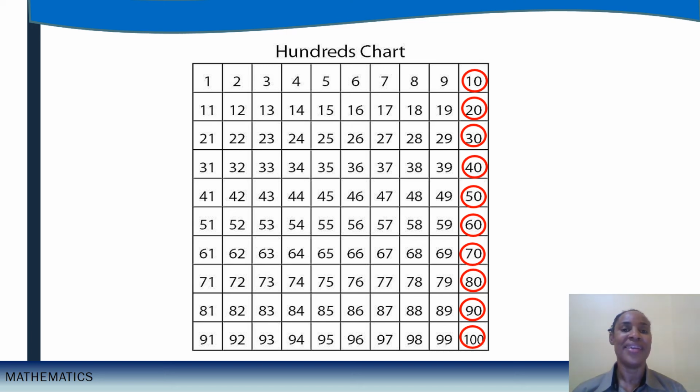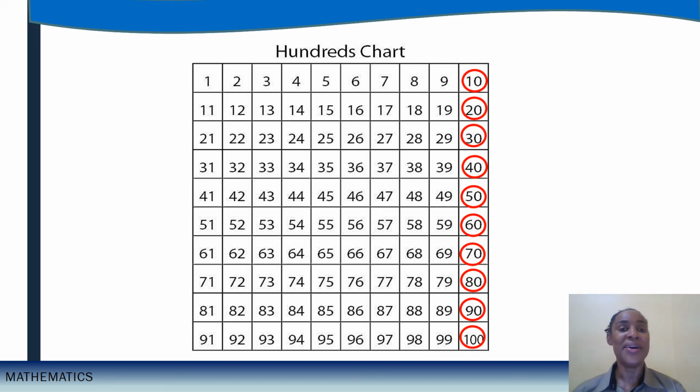Boys and girls, I want you to do something else for me. Look at the numbers that are less than 10 on this 100 chart. And then look at the numbers directly below each of these numbers. Do you notice a pattern?